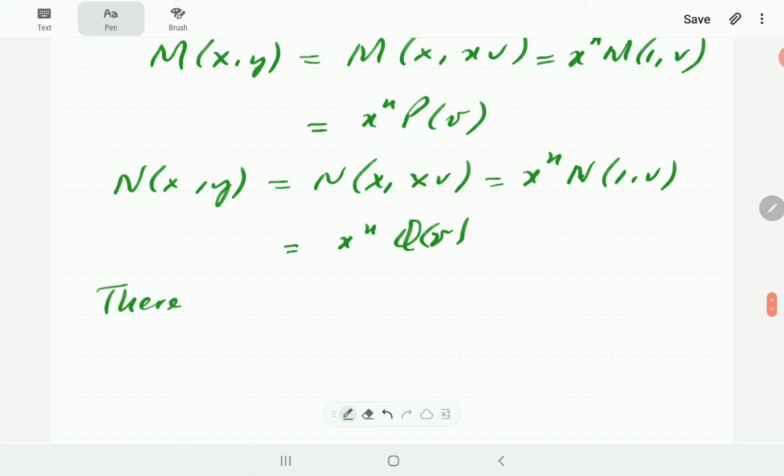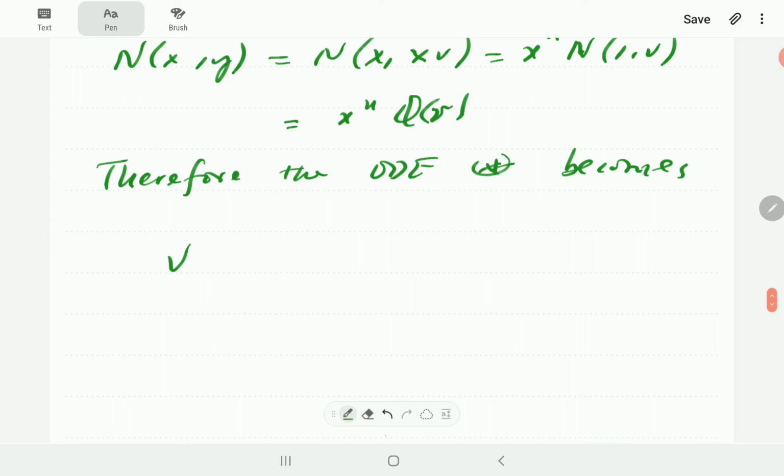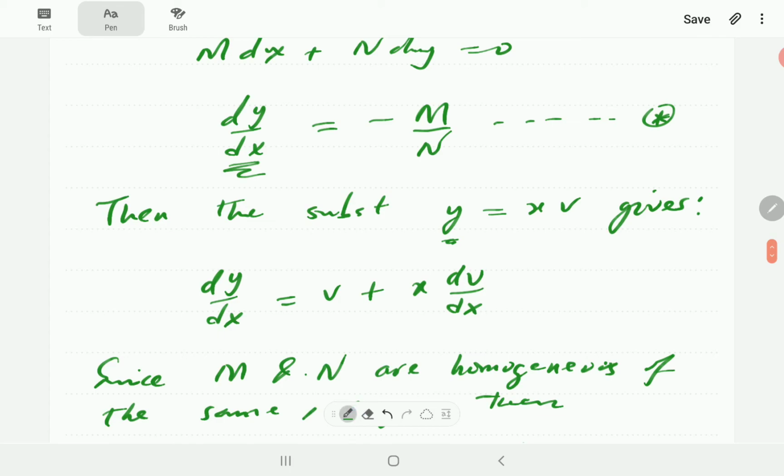Therefore the ODE becomes, on the left hand side, v plus x dv/dx. That's what the derivative becomes in terms of v.